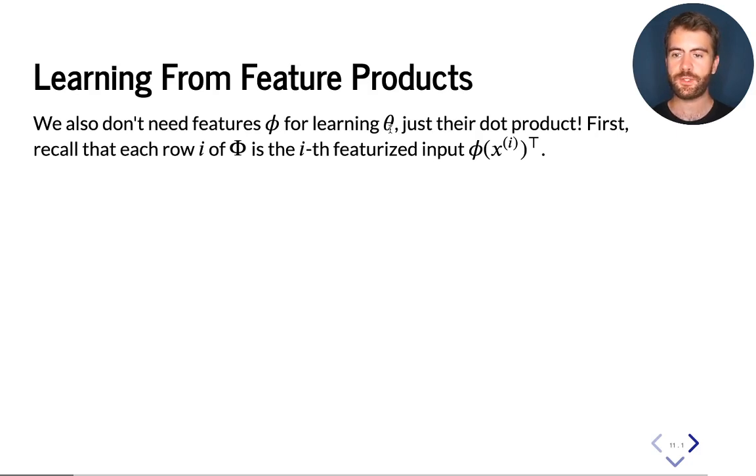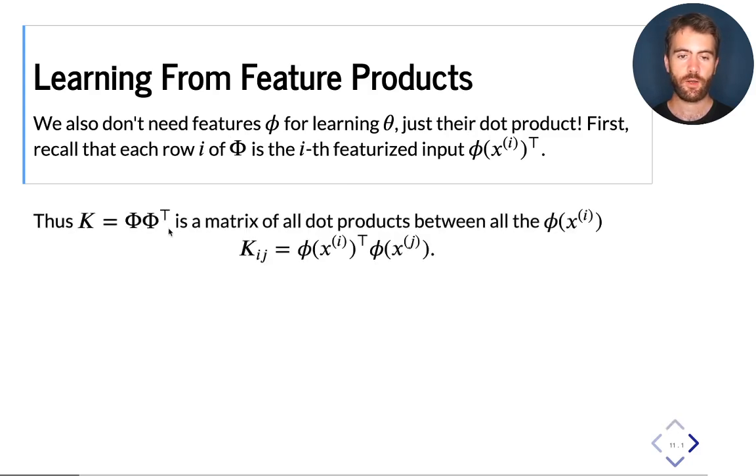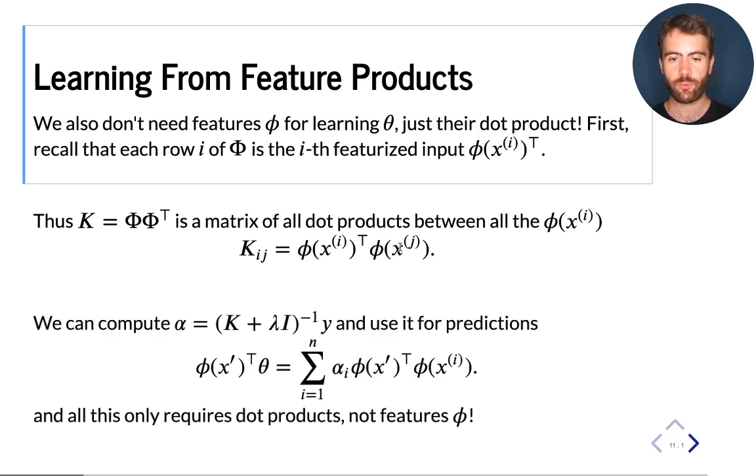To convince yourselves, let's consider our vectorized feature matrix phi, in which row i is simply the ith featurized input, and then consider the matrix K equal to phi times phi transpose, which is the matrix of all the dot products between all the phi of x i that we have. So K is an n by n matrix, and the ij-th entry is the dot product of the features of the ith data point with the jth data point.